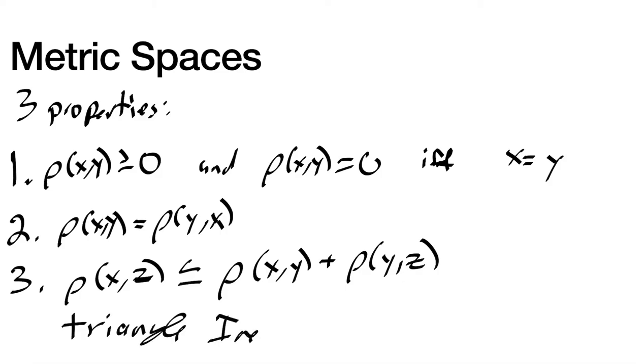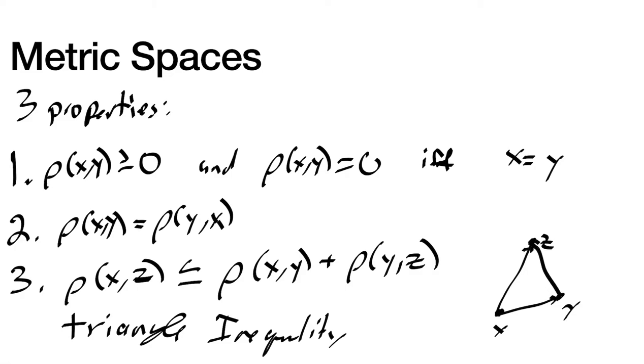And we can see why the triangle inequality should be true. If you've got x, y, and z, then the distance directly from x to z should be less than or equal to the distance if you went to y first.